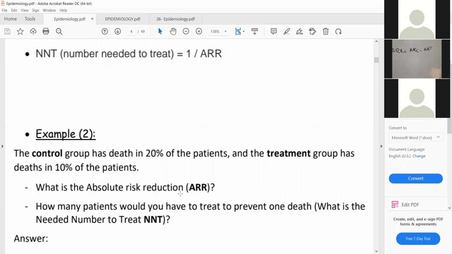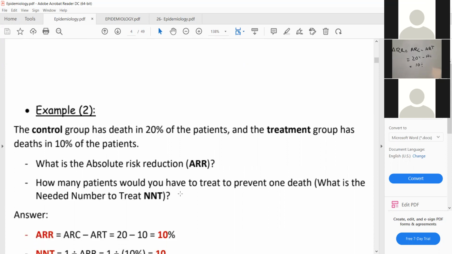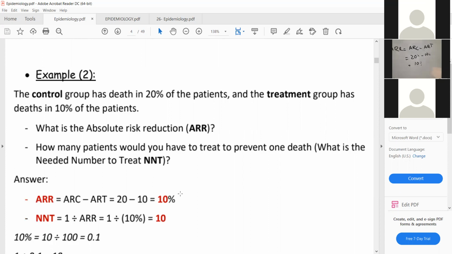The control group has death in 20% of the patients, and the treatment group has a death in 10% of the patients. So 20% minus 10% is 10%. So the absolute risk reduction is 10%.